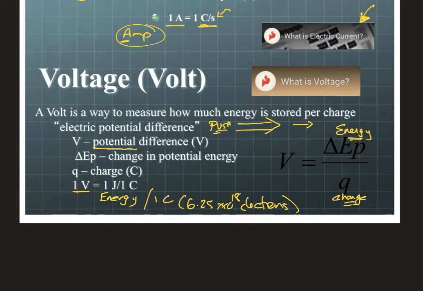So it's super important that you understand the concepts of voltage versus charge. Charge is the amount of electrons passing a certain point, and the voltage is the amount of push that they have. If I wanted to calculate voltage, I take the amount of energy I have divided by the charge, what we've just learned about in our last section.